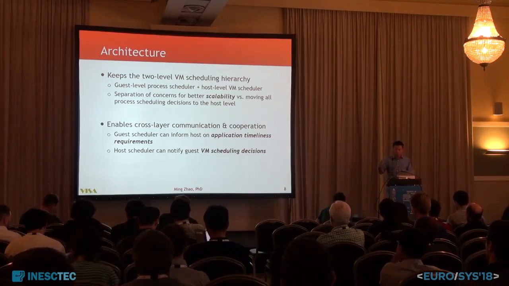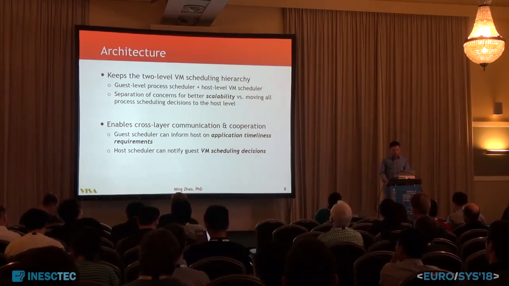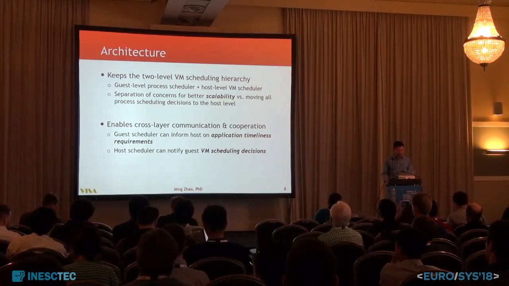In the existing system, we have the process schedulers in the guest and the virtual machine scheduler at the host in the hypervisor. We decided to keep these two levels of schedulers because we believe that is important for better scalability, by separating the concerns of process scheduling from virtual machine scheduling.